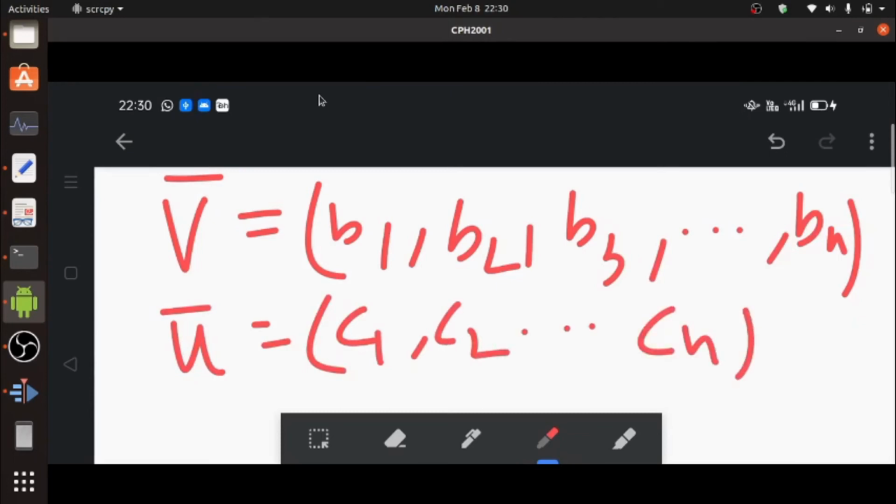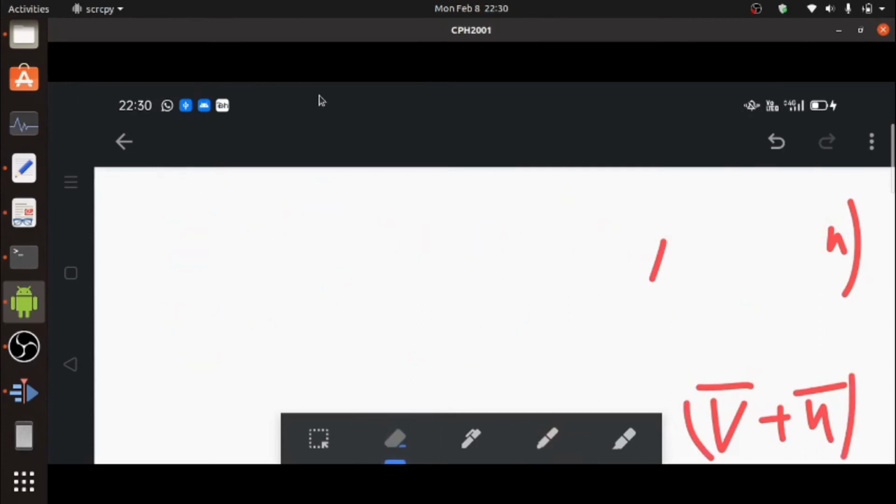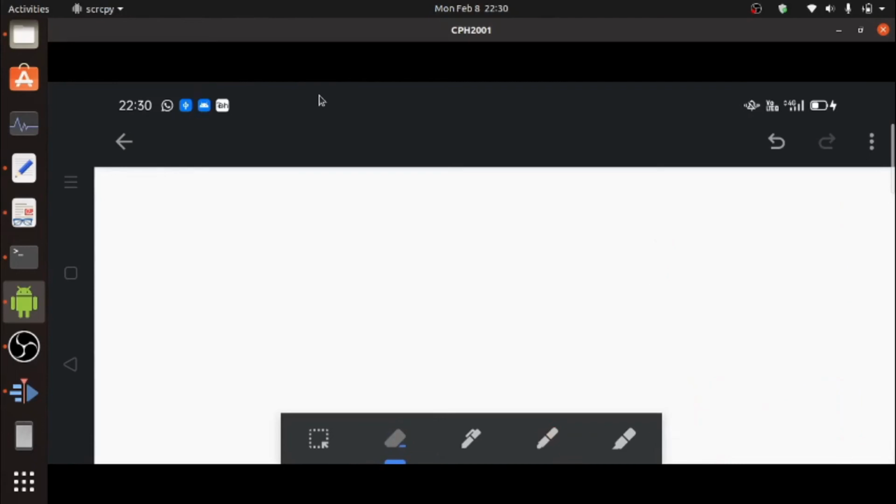Now we want to know what the addition of two vectors, V bar plus U bar, means. When both have the same dimension n, they can be added.